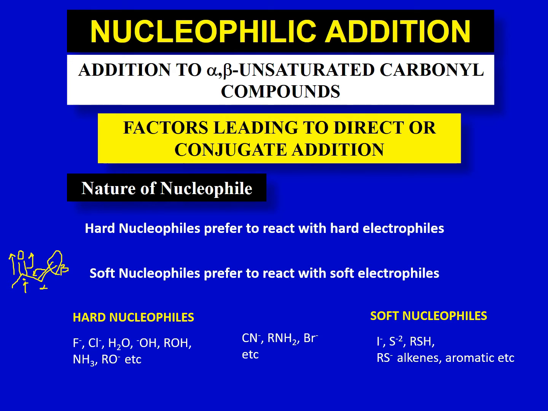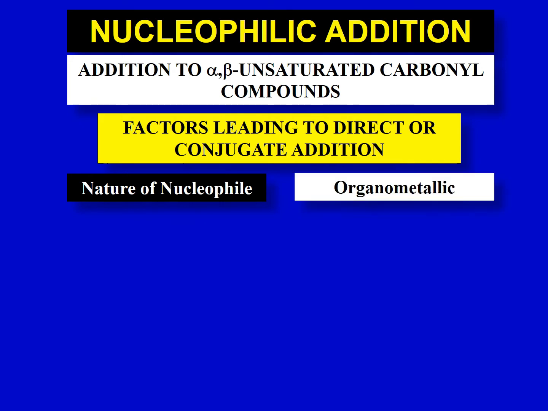So among all of these nucleophiles classified as hard and soft, the hard nucleophiles will preferably attack the carbonyl carbon, while the soft nucleophiles will preferably attack the beta carbon. These borderline nucleophiles, the reaction of them will depend upon the reaction conditions and, of course, the structure of the substrate.